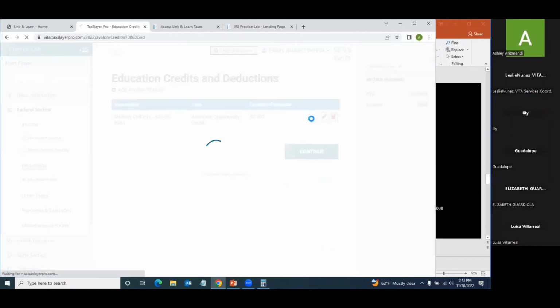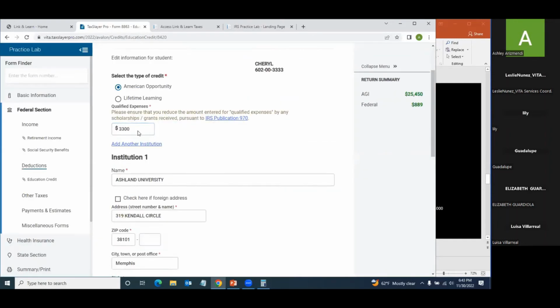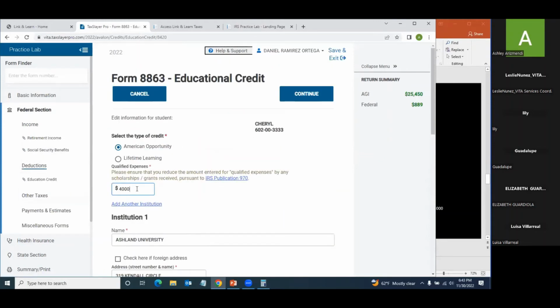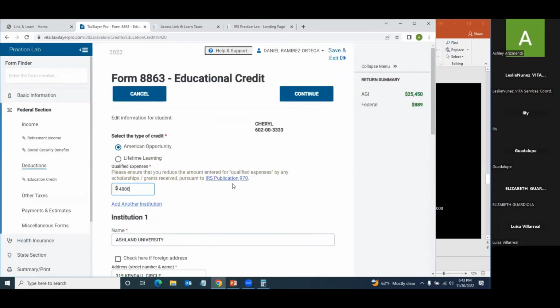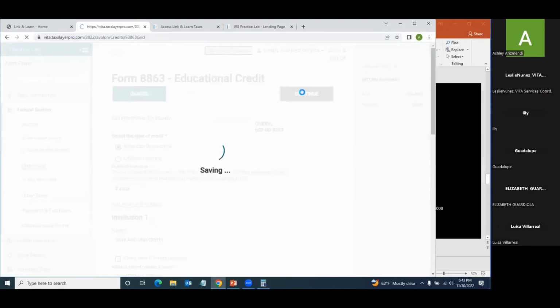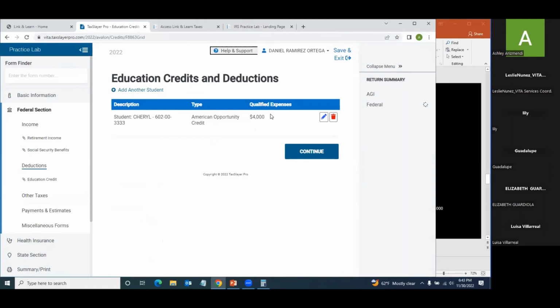Okay, let me see. Let's put the 4,000 then. So go back to the education credit. And instead of the 3,300, let's see if it changes with the 4,000. To put the maximum amount, just so we could see if it changes. Because I don't know why it's not changing sometimes. No, but it still doesn't change.